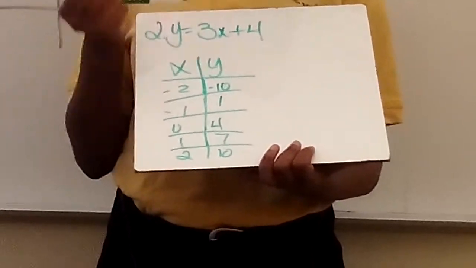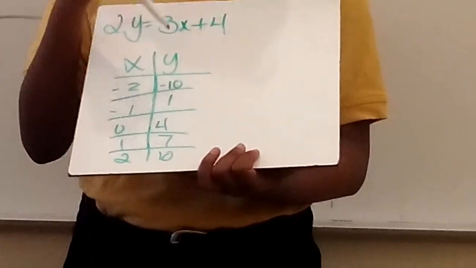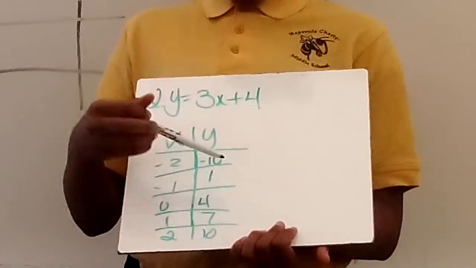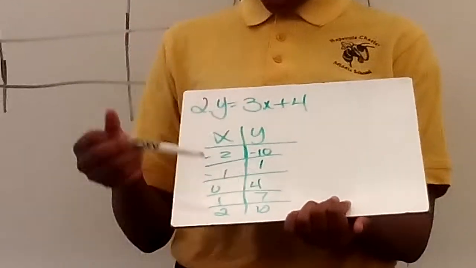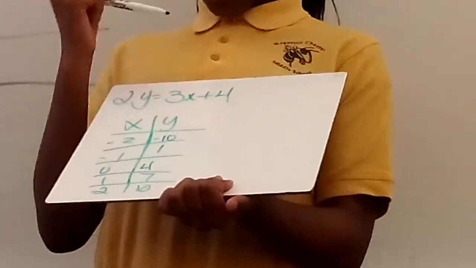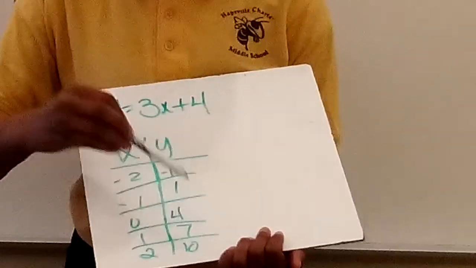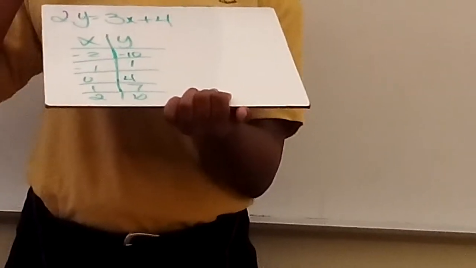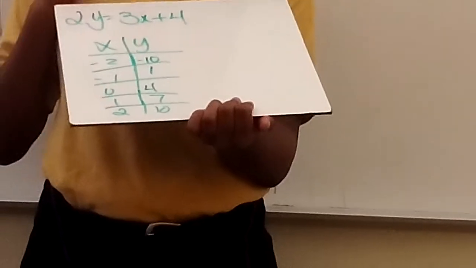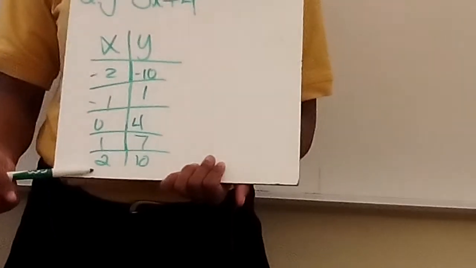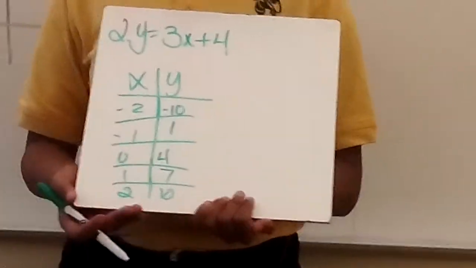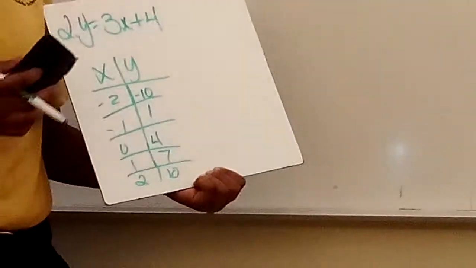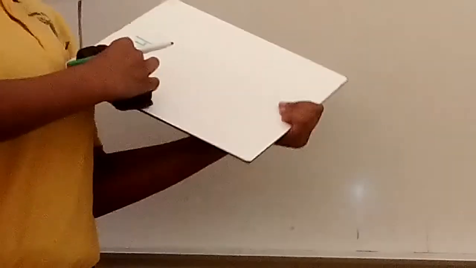So then you take 3 times -1, and that would be -3, plus 4 gives you 1, and then you do 3 times 0 plus 4 will give you 4, and then you do 3 times 1, which will give you 3, plus 4 will give you 7, and then 3 times 2 plus 4 will give you 10, and so that's number 2. Then we're moving on to number 3.